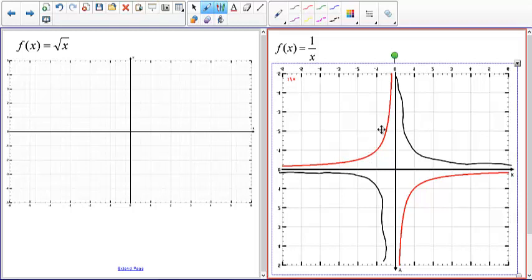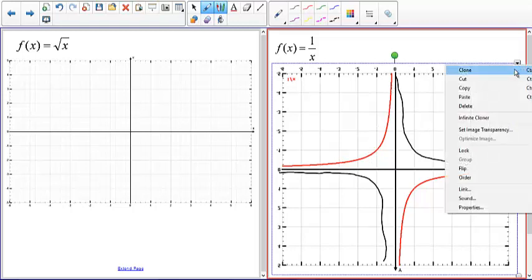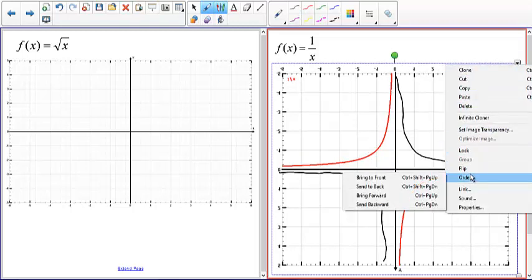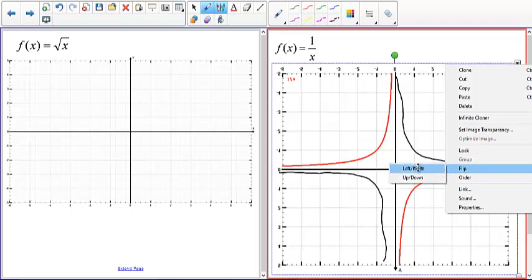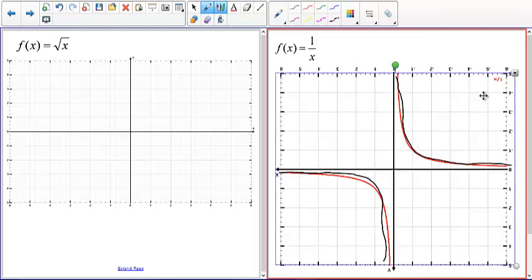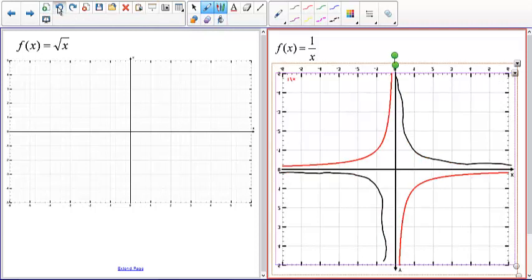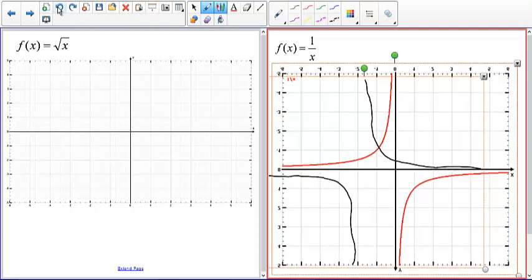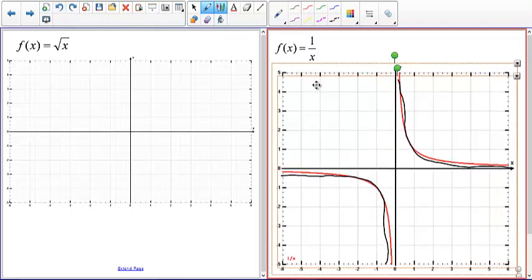Well, part of the problem is I reflected the wrong thing. That's why. I reflected the red curve. Okay, so there we are. Now, what I need to do is grab onto hopefully the black one. And actually, this thing is still upside down. I need to rotate this around a few times. I think I did it too many times. Let me undo things here. There we go. Okay, we're back to where we started.